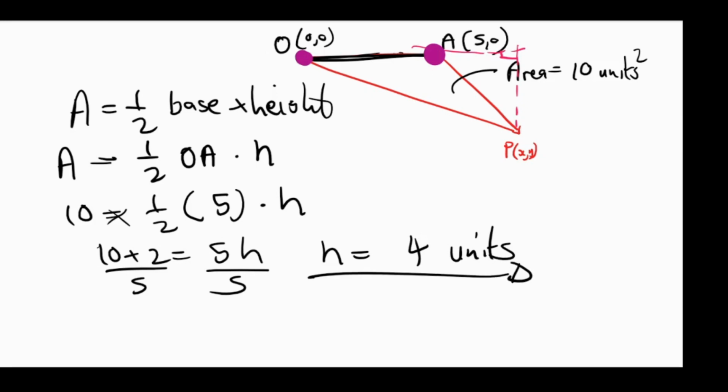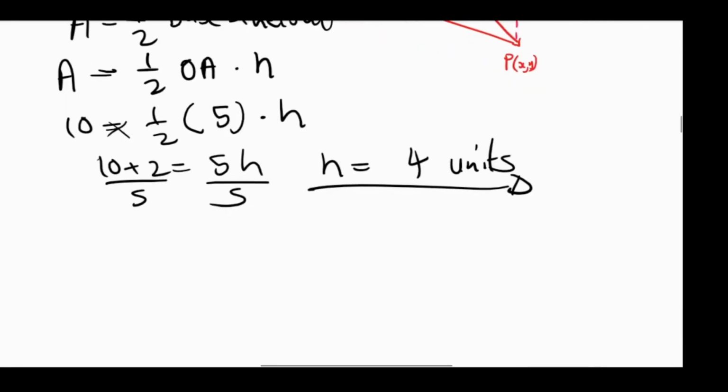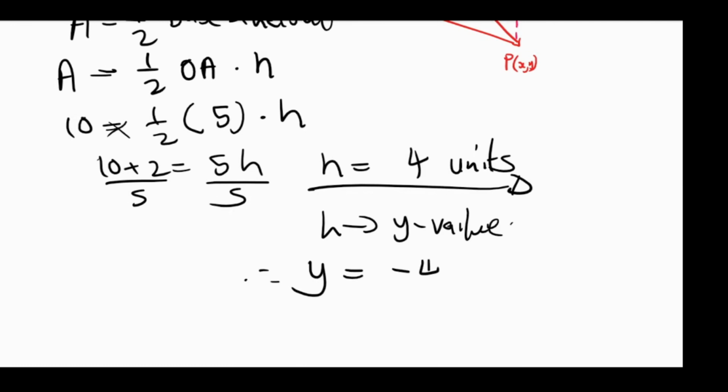But remember that H is actually a y value if you look at it in terms of the diagram. So you can conclude that y is actually equal to -4, right? Why am I saying that?